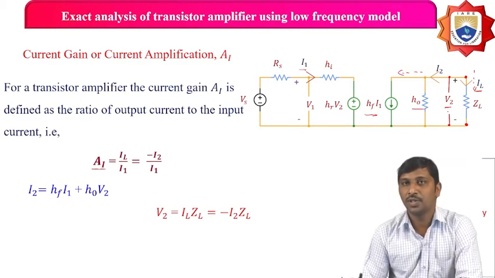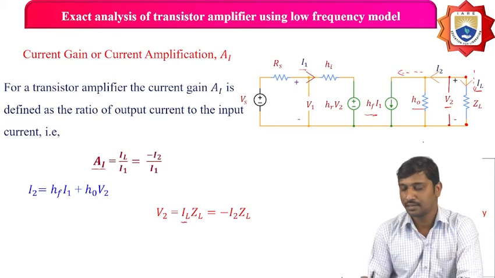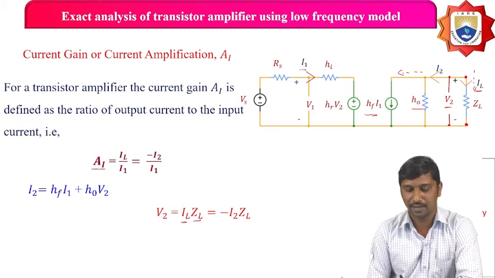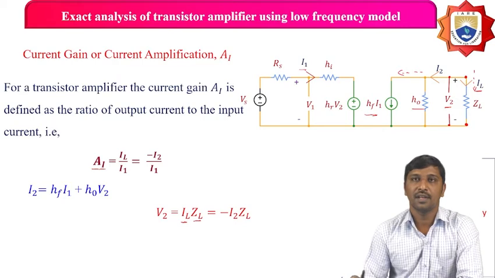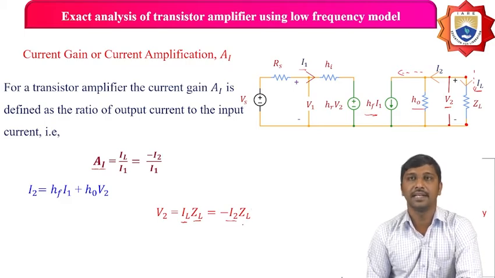Across the load resistance the load current flows, so V2 is IL times ZL. And since the load current is the collector current in the opposite direction, V2 is minus I2 times ZL.